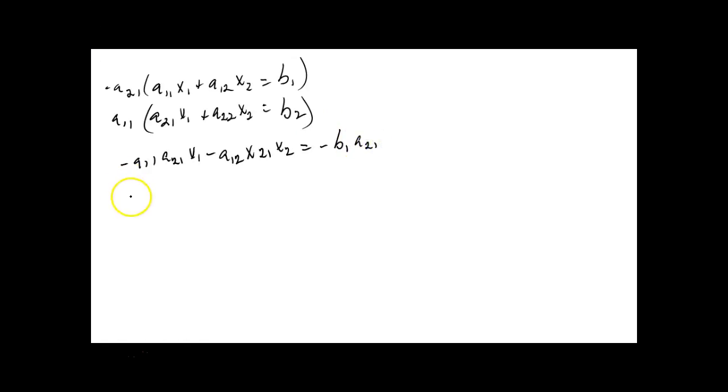Down here we'd have A11 A21 x1 plus A11 A22 x2 is equal to B2 A11. I just happened to notice I wrote an X for an A there. I hope I said it right, but I wrote it wrong.